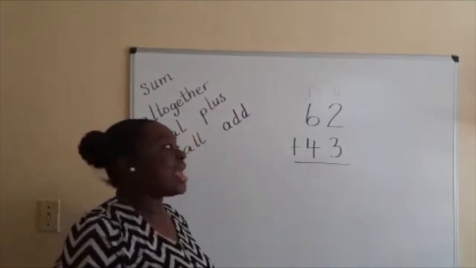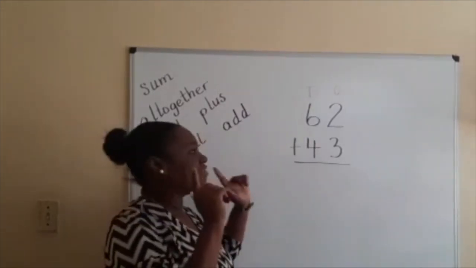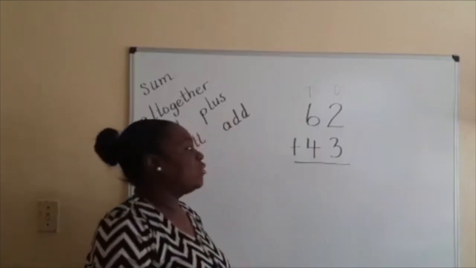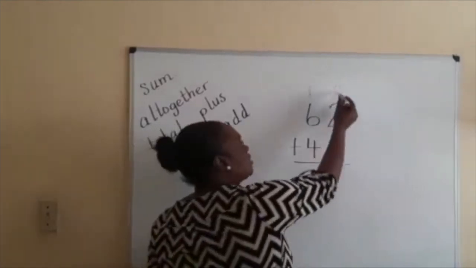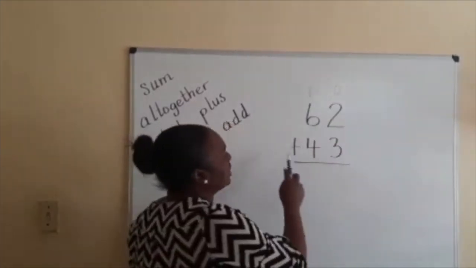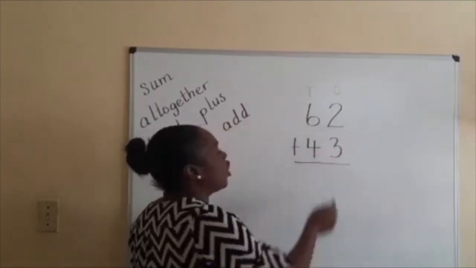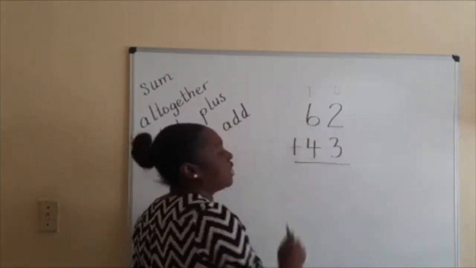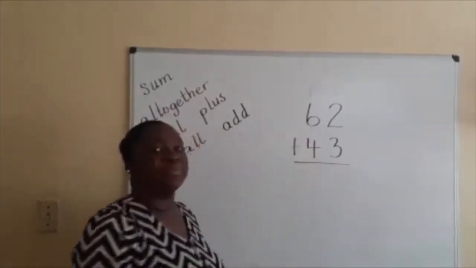Now when we are adding, it is important that we remember place value. When we add, we start with the digits in the ones column. And our digits in the ones column would be 2 and 3. So 2 plus 3. What is the sum of 2 plus 3?